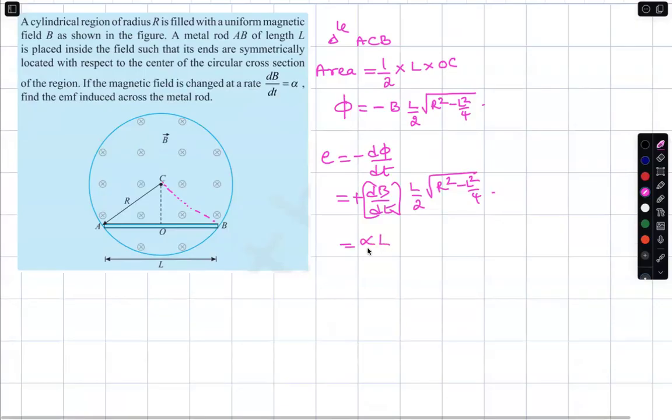So alpha L by 2 root of R square minus L square by 4. Remember, this is the EMF induced in the loop. And it is positive, meaning anti-clockwise sense.